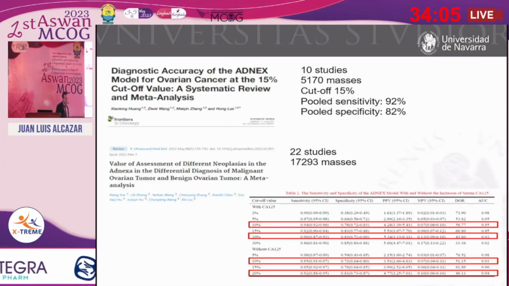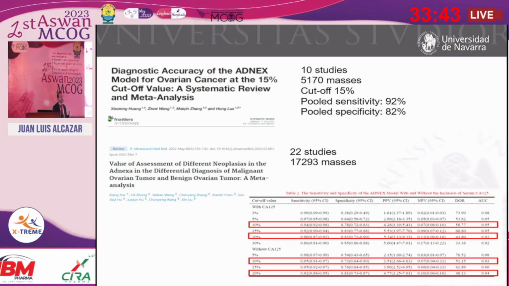Anyway, the performance of the ADNEX model has been reported in these two meta-analyses, and when we select a cutoff of risk of malignancy of 10%, the sensitivity is about 94–95%, and the specificity is about 77–73%.